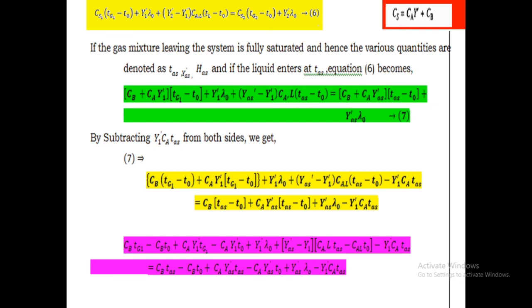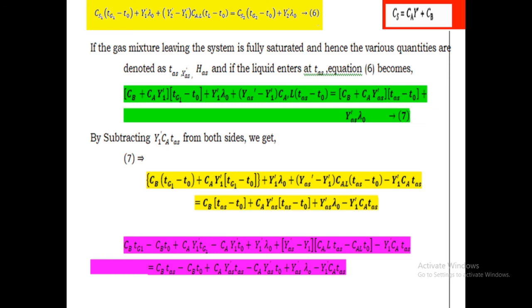So here, multiply the first term, Cb into Tg1 minus Cb into T0, plus, multiplying with the temperature difference, Ca into Y1 dash into Tg1 minus Ca into Y1 dash into T0, plus Y1 dash into lambda naught, plus Y dash AS minus Y1 dash into CAL multiplied with the temperature difference, CAL into TAS minus CAL into T0, minus Y1 dash Ca into TAS.